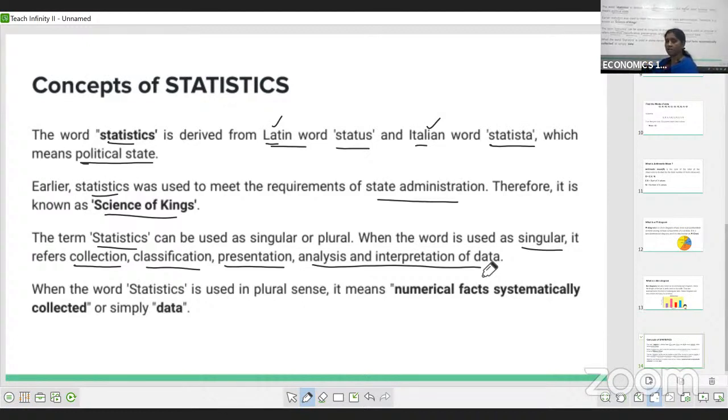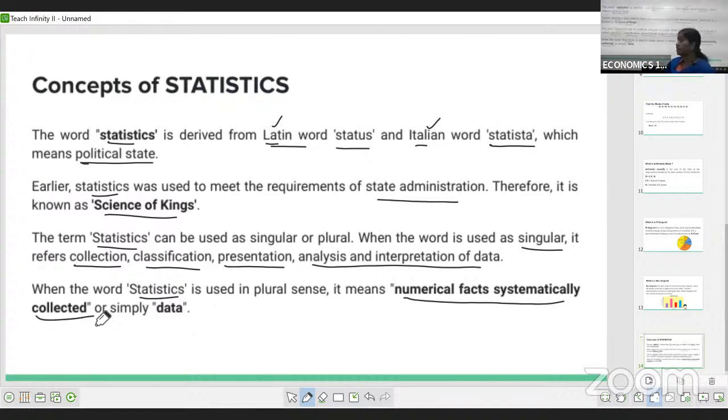Then the plural form of statistics: its meaning is numerical facts systematically collected. Numerical facts means whatever numbers are systematically collected in one order.